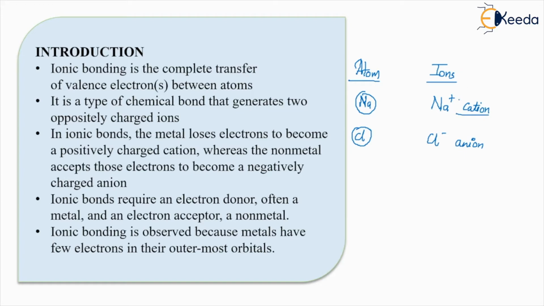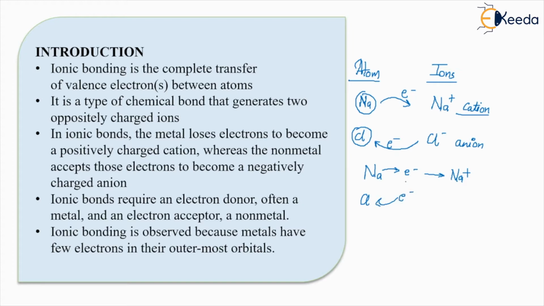Cation is formed when an atom gives away an electron. Anion is formed when an atom accepts an electron. So when I make NaCl, Na gives away the electron to form Na plus, and Cl accepts the electron.